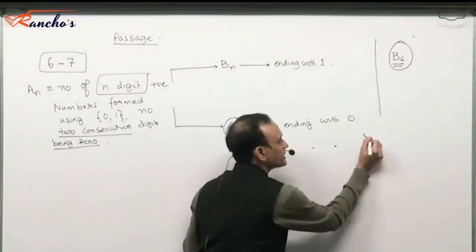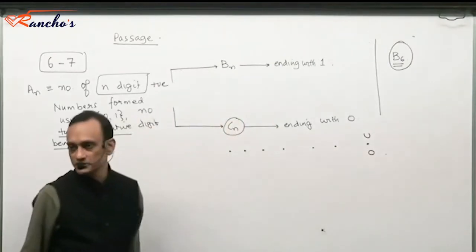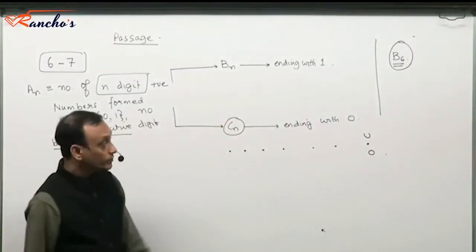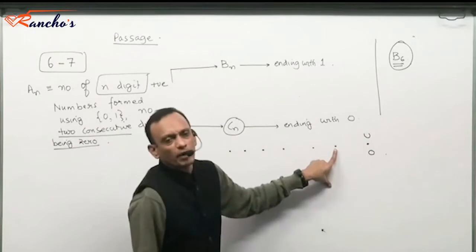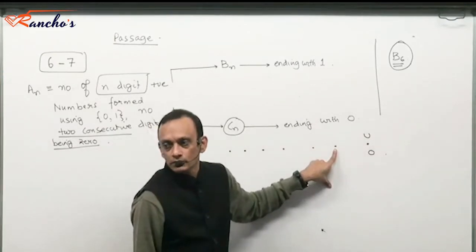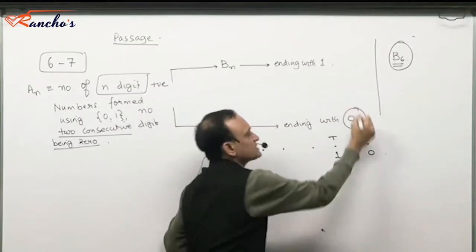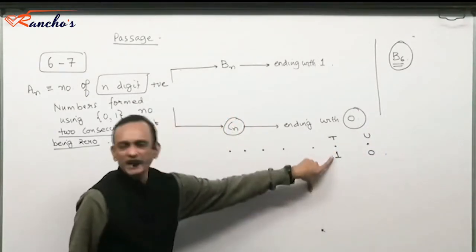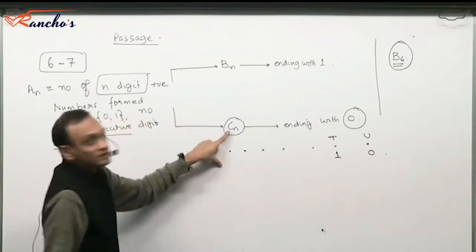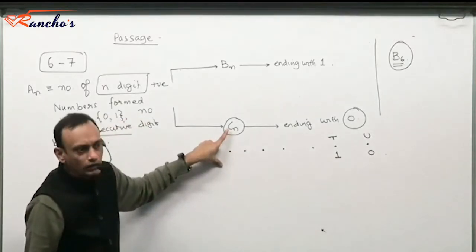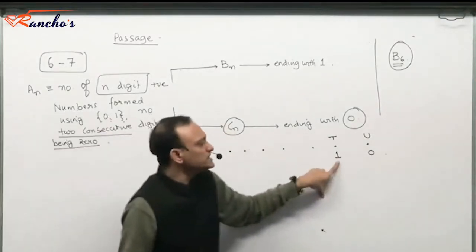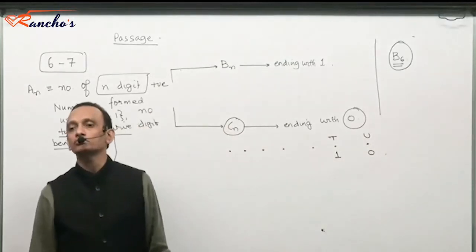That means the units place must be 0 for all these numbers. What is the only possibility for the tens place? 1. That's the only possibility. So if 0 is fixed at the end of the string, then this has to be 1 only. So all numbers belonging to CN must end with 1 0. Yes or no?